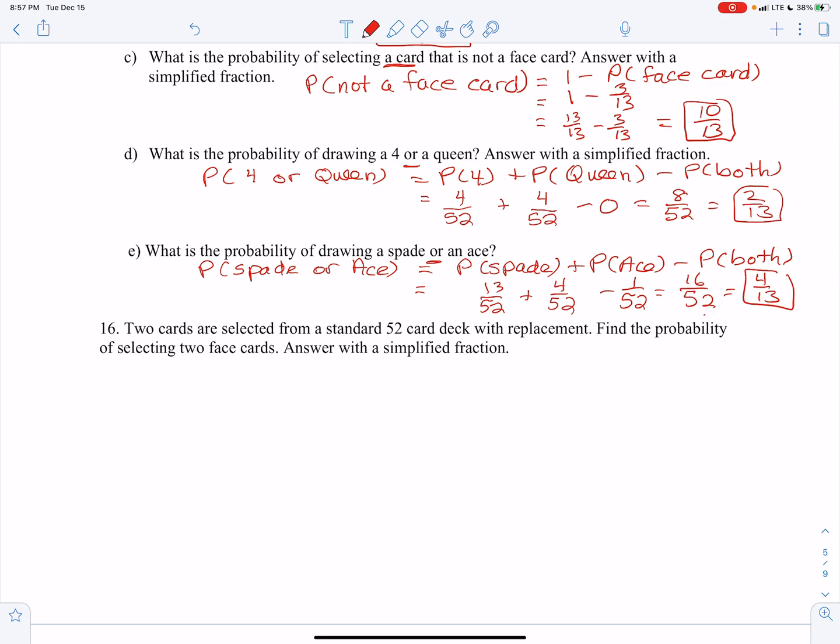16. 2 cards are selected from a standard 52 card deck with replacement. Find the probability of selecting 2 face cards. So that means we want the probability that the first card is a face card.